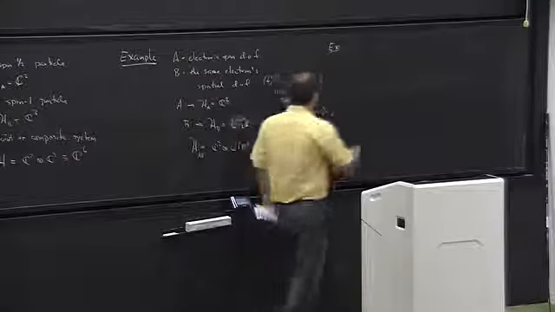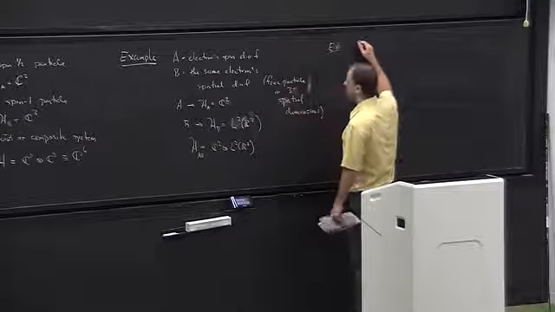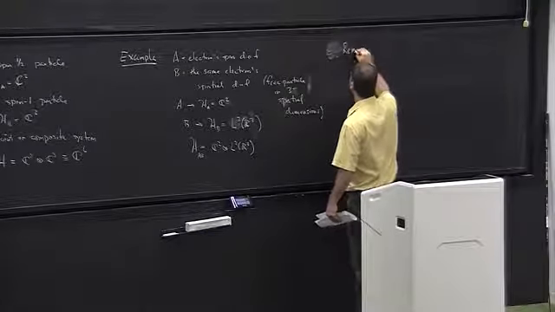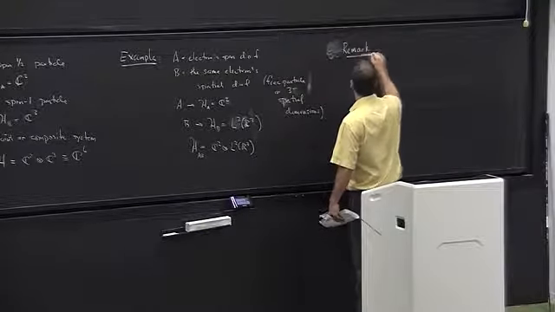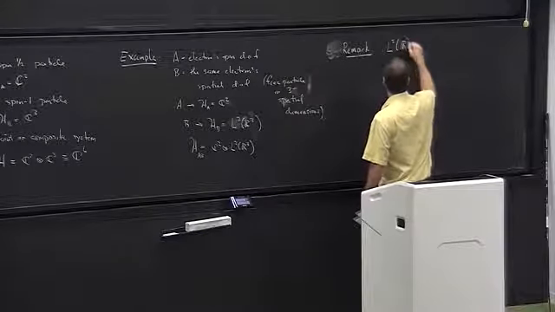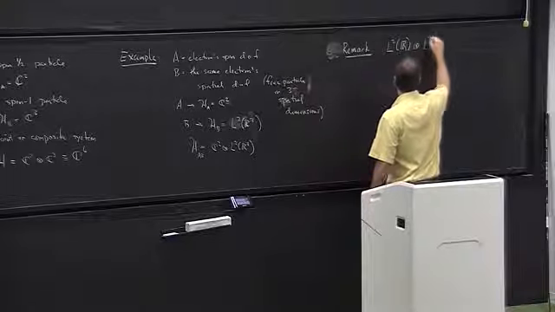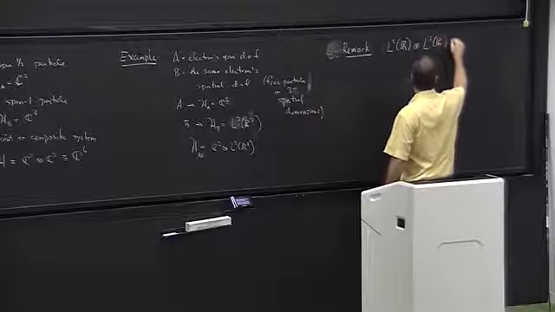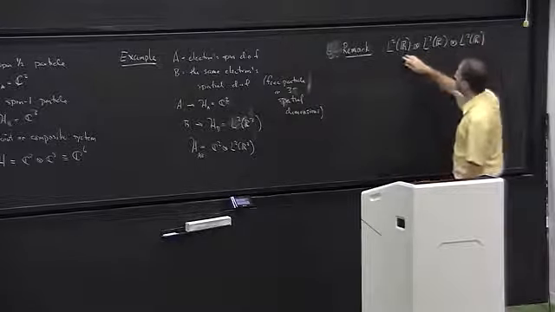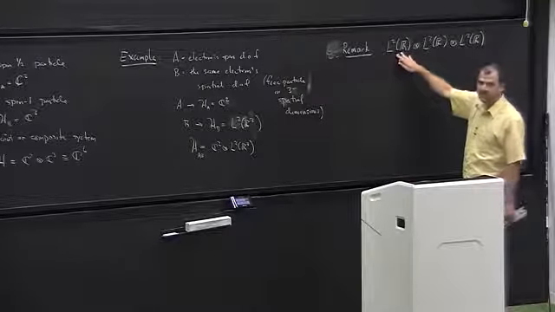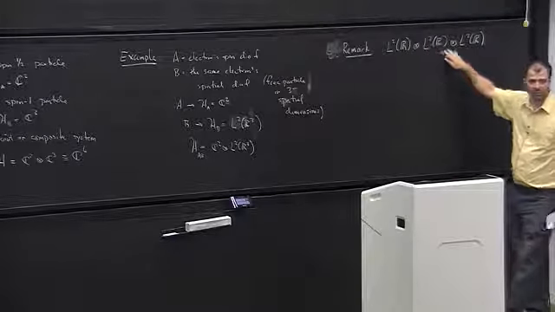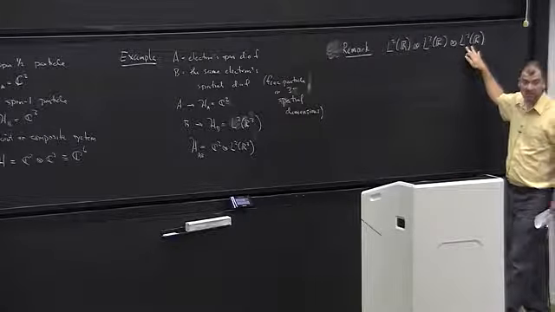Now notice that for the free particle in 3 spatial dimensions, let me just remark that L2(R) cross L2(R) cross L2(R) is the infinite dimensional Hilbert space for my X degree of freedom, my infinite dimensional Hilbert space for my Y degree of freedom, and my infinite dimensional Hilbert space for my Z degree of freedom.